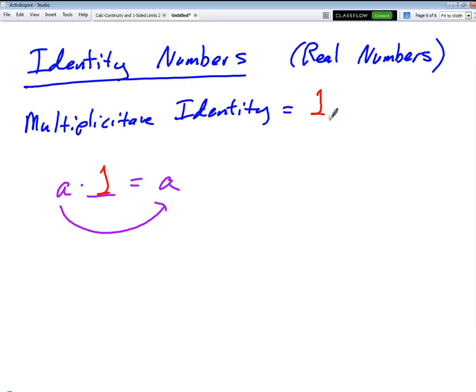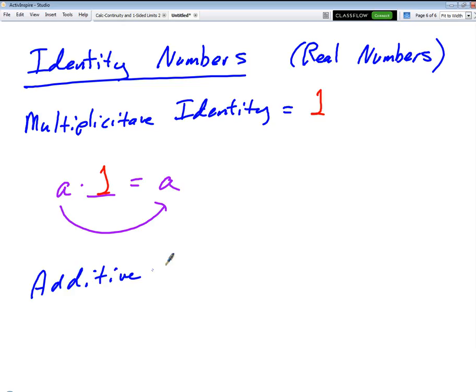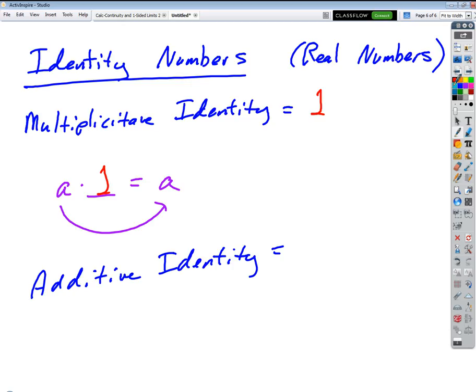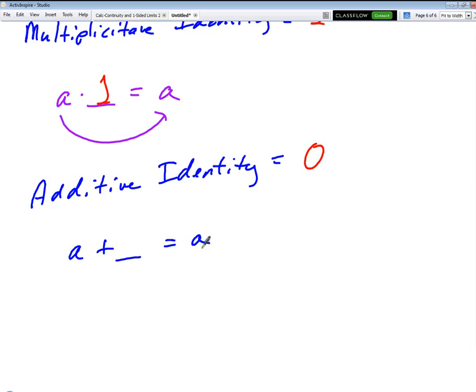Okay, what about the additive identity? Because any number plus what number equals itself? Well, that's 0, right?